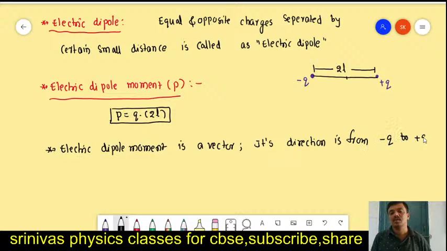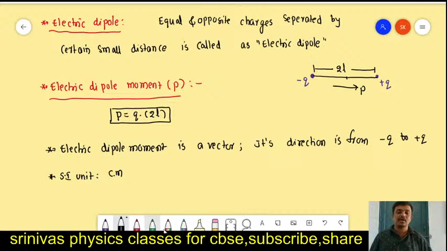This is the direction of the electric dipole moment. What is the unit of the electric dipole moment? The unit is charge into distance, coulomb meter. This is about the electric dipole moment.